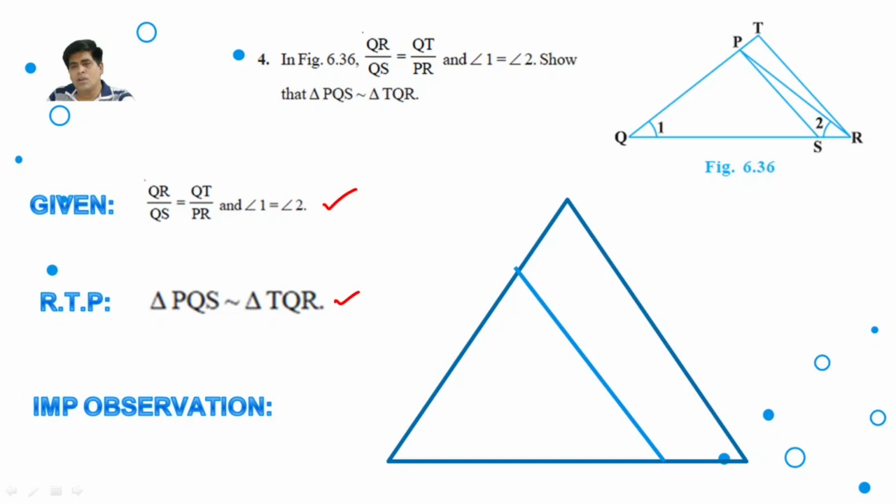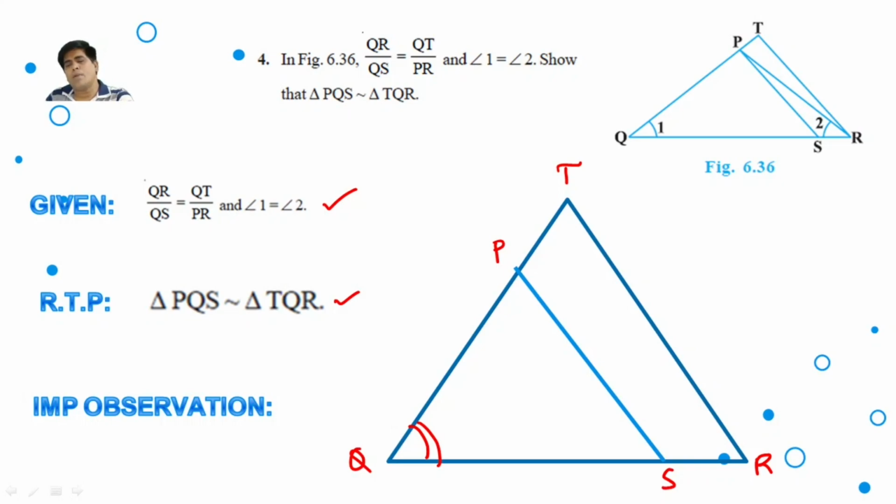Look at triangle TQR as well as triangle PQS. In these two triangles, angle Q is common.